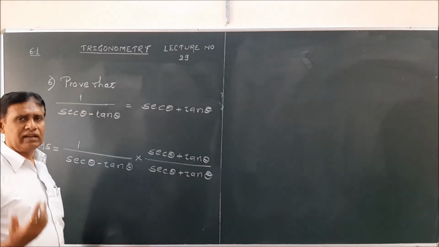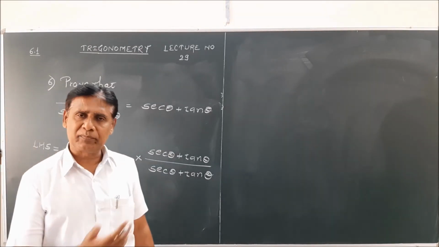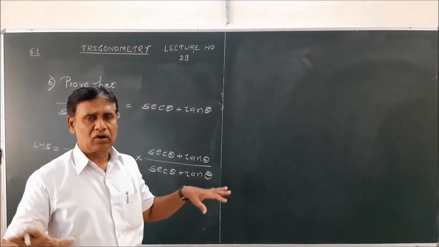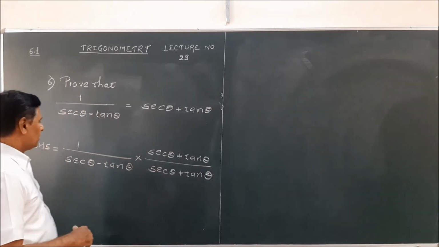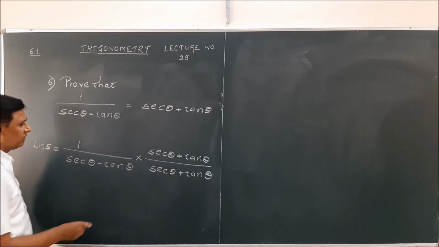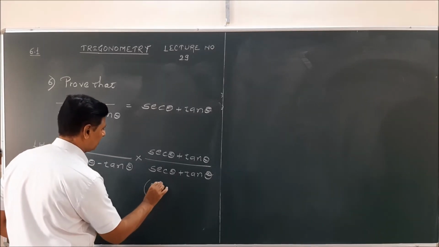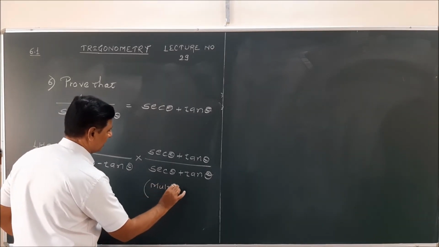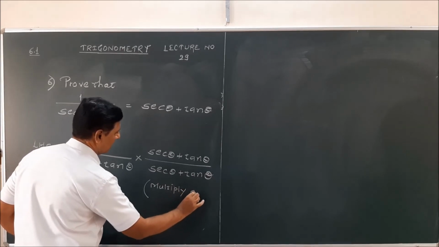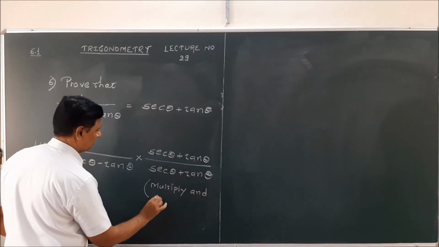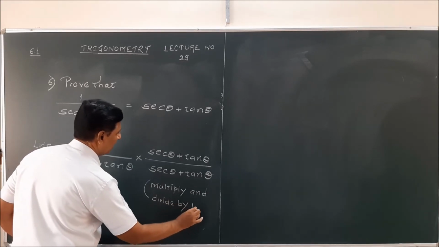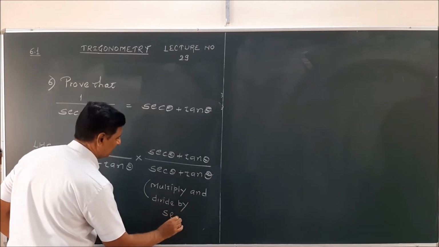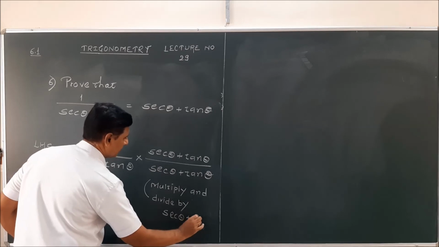You know the basic theory of maths. If we multiply and divide by the same number, we are not changing anything because the value of that is 1 only. So you can say multiply and divide by sec theta plus tan theta.